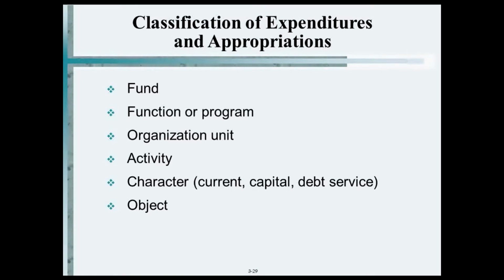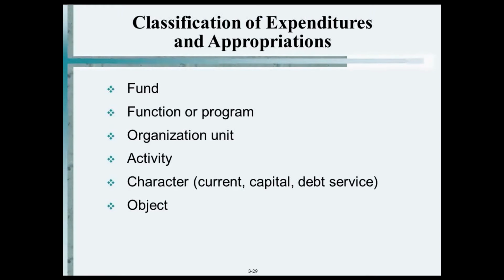By the way, this discussion on classification of expenditures and appropriations is for when you design a computerized accounting system for an organization. See the different subclasses of accounts here. Fund, which is what? General fund, special revenue fund, debt service fund. Function or program could be what?